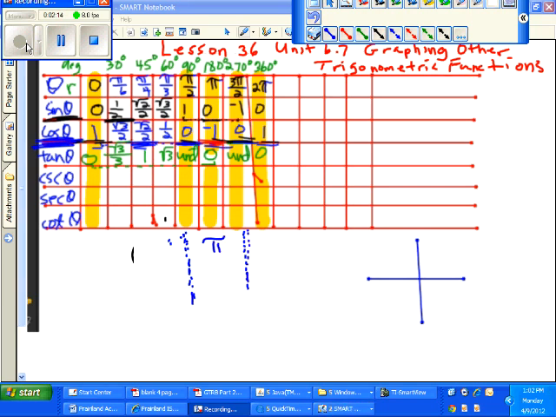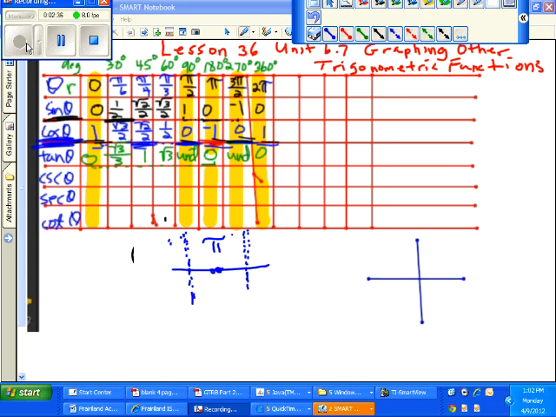They're pi apart. So you may have noticed on the tangent wave in the review that the asymptotes are pi apart. And in the middle of that was a place where it hit the x-axis, so we had a 0 right smack dab in between the asymptotes.